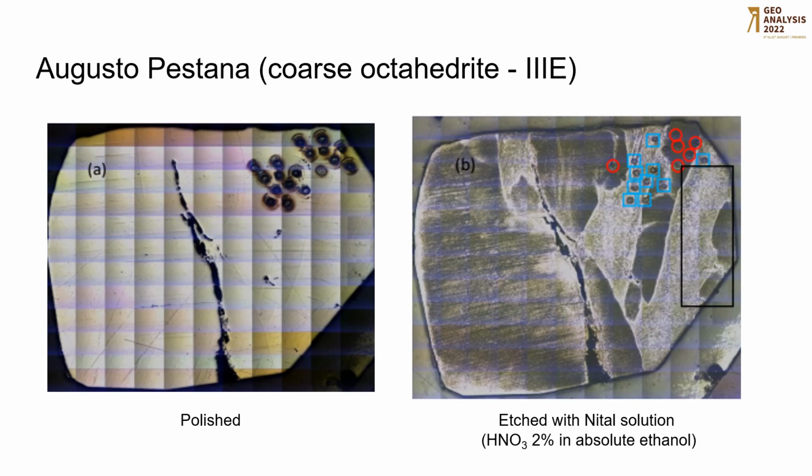Polished and etched surfaces showed that the aleatory ablation spots were distributed in both phases, explaining the high discrepancies among spots. The mean value obtained for the red circles and the blue squares resulted in RSD lower than 20%, and the results obtained in kamacite phase are in agreement with solution mode.